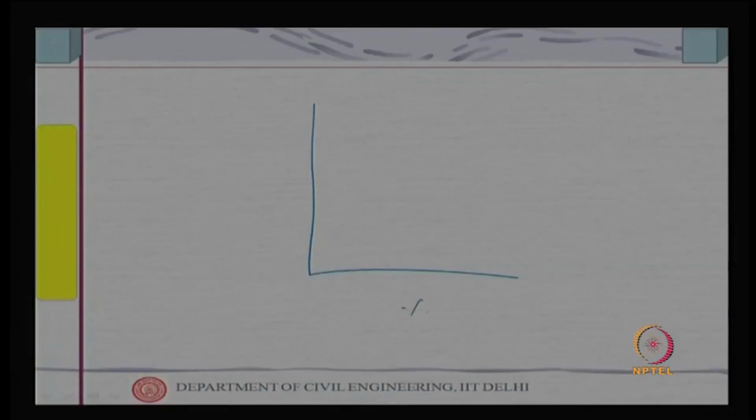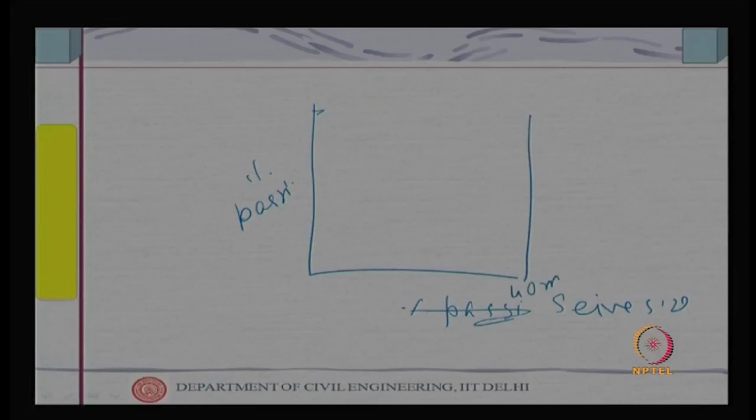Sieve size on this side, percentage passing. So, if you have 100% passing at 20 mm, 40 mm MSA, something like this. These typical grading curves are plotted like this. I will come to that sometime later on.